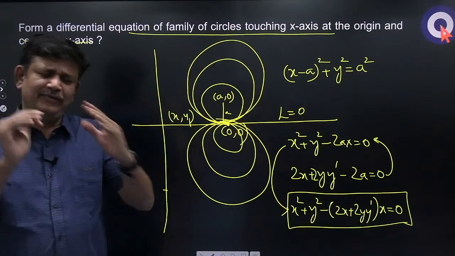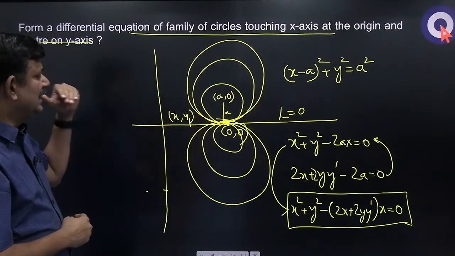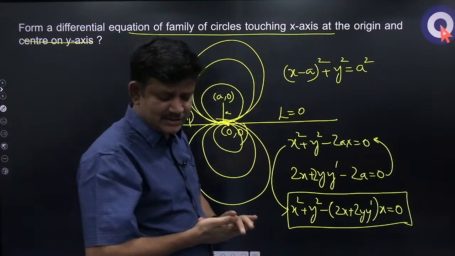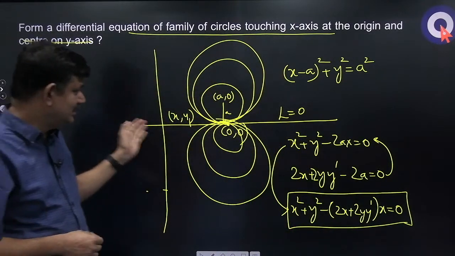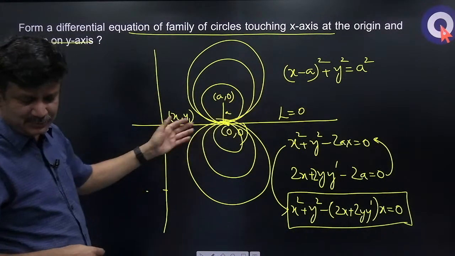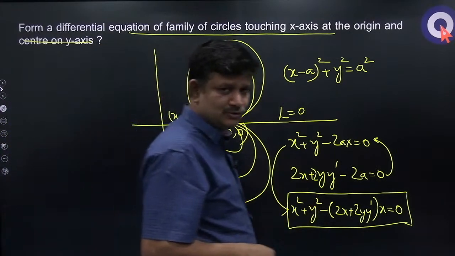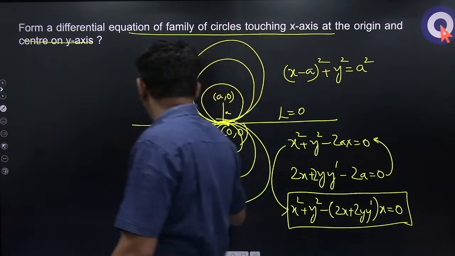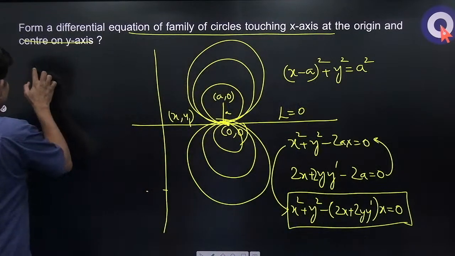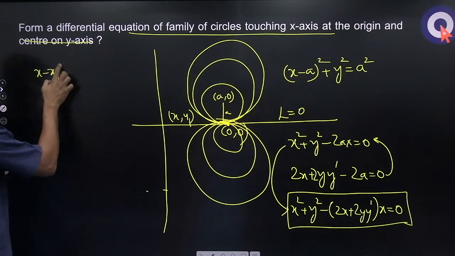It is a very, very important question. Regularly you get it in your JEE main as well as in advanced. Find equation of a circle touching a given line, it could be the x-axis or the y-axis, anything, at a given point. How will you assume that equation? Assume that point as a point circle.